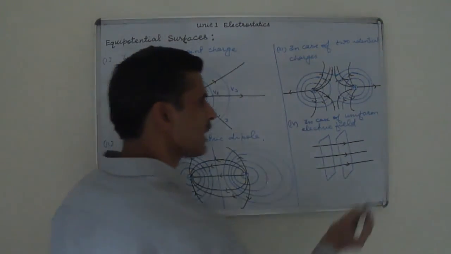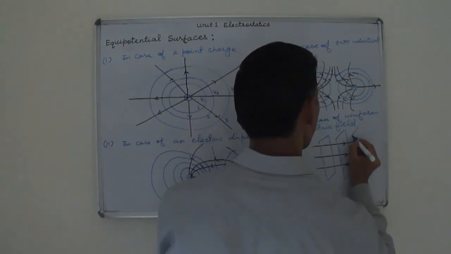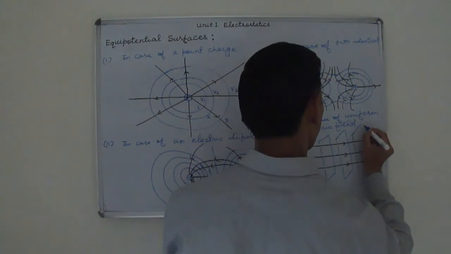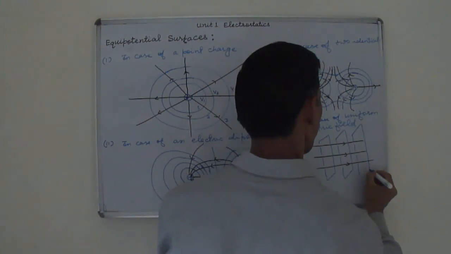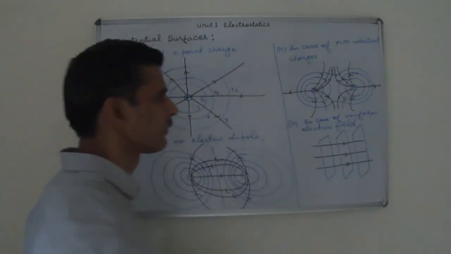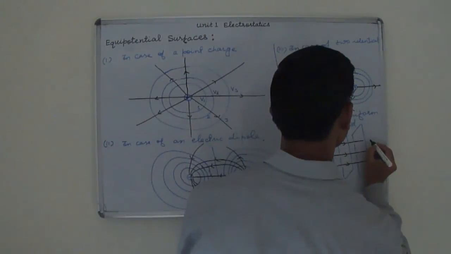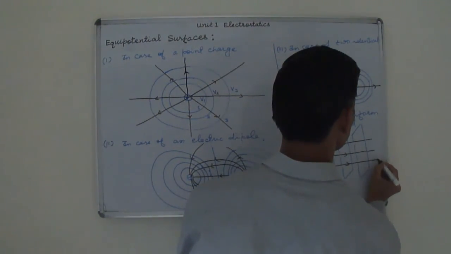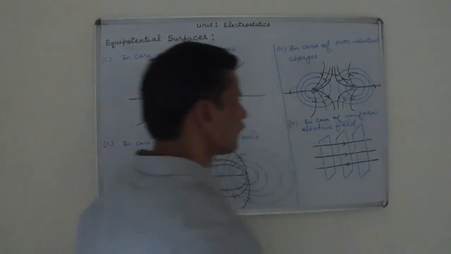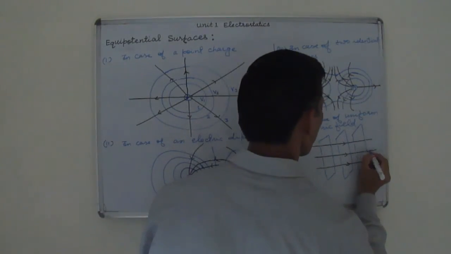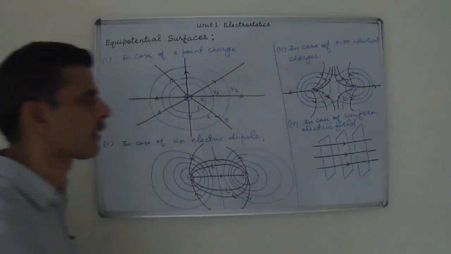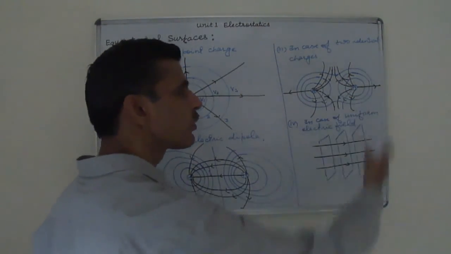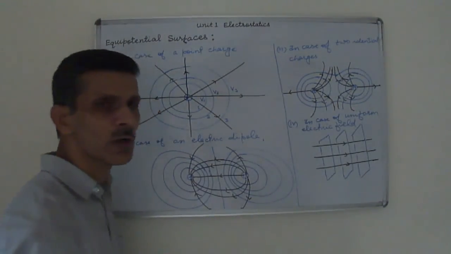This is second surface. One more surface you can draw. So here these are equipotential surfaces, and you can see they are planes parallel to each other, and these planes are perpendicular to electric field lines.